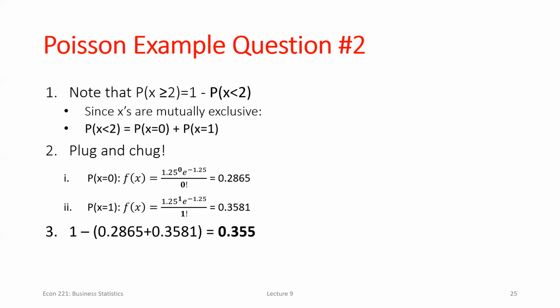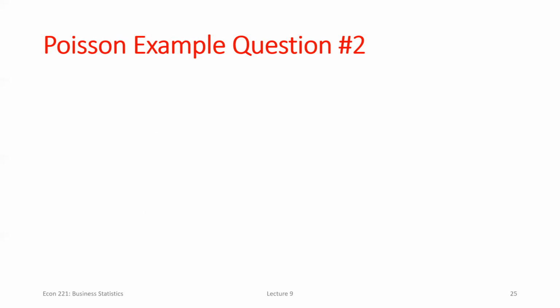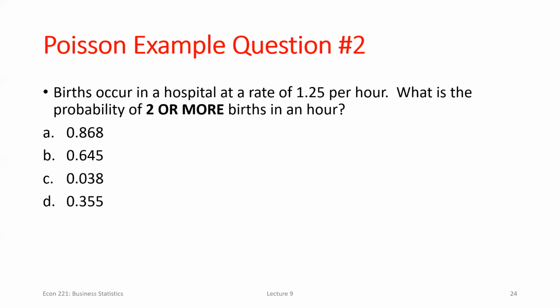I said it was a relatively large probability. So here it probably was a little bit unwise to rule out something as large as 0.35, but I know something as small as 0.038 could have been ruled out. So when you're trying to rule out what these possible answers are, be a little bit, what word am I looking for?